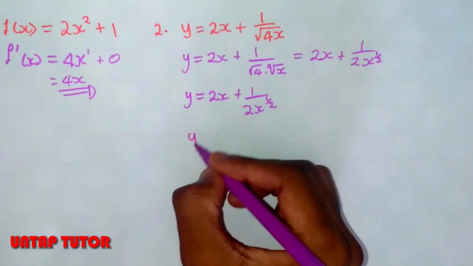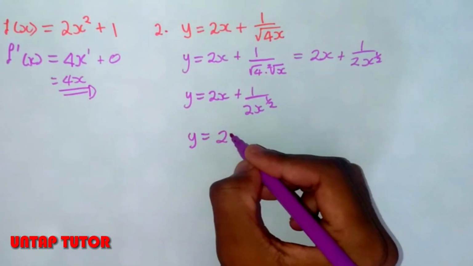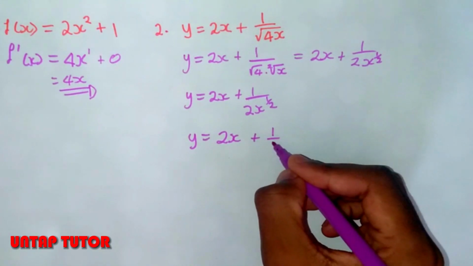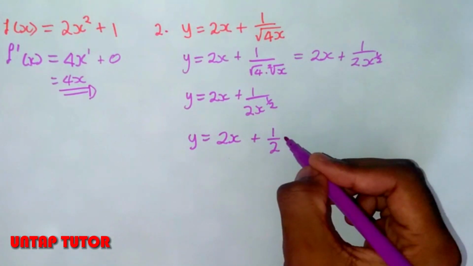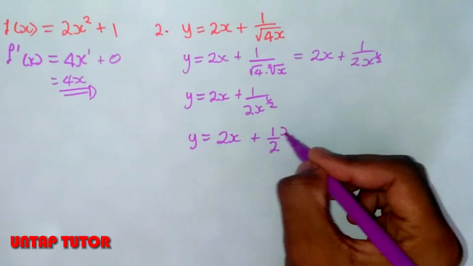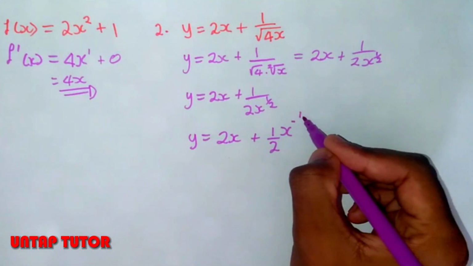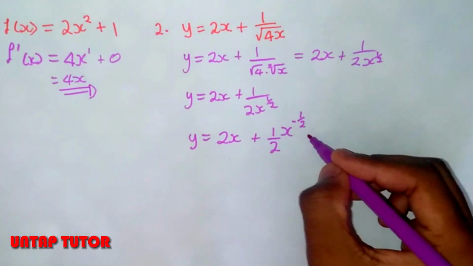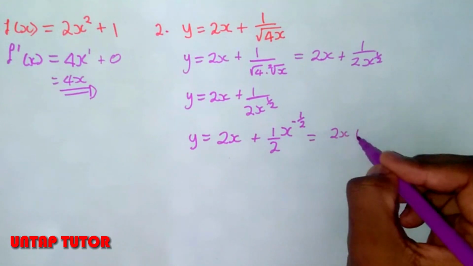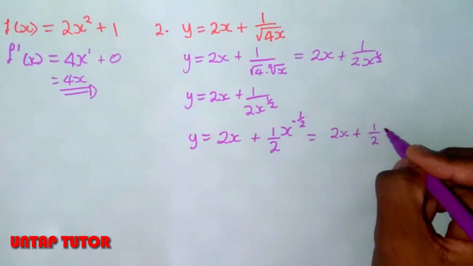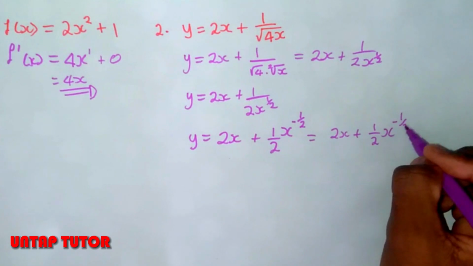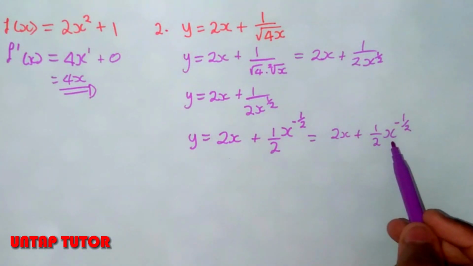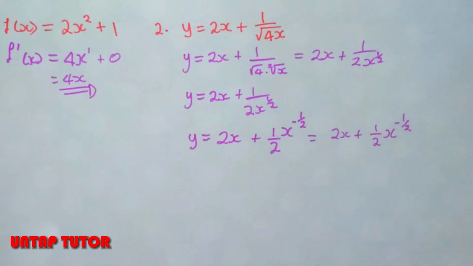So y is equal to 2x plus 1 over 2, we leave the 2, and then raising the x, it becomes times x to the power of negative half, leaving us with an equation of 2x plus 1 over 2 times x to the power of negative half. So this x could have been here on the numerator or on the side, because if we have it on the side, it still multiplies to the numerator 1.